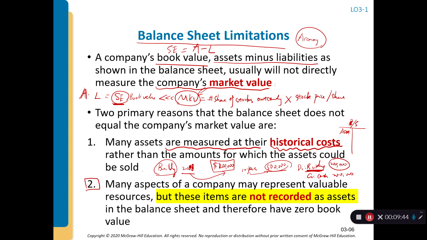Another reason is very interesting and important, and I want to emphasize it. It is a limitation of accounting, right? Many aspects of a company may represent valuable resources, but these items are not recorded as assets in the balance sheet and therefore have zero book value.